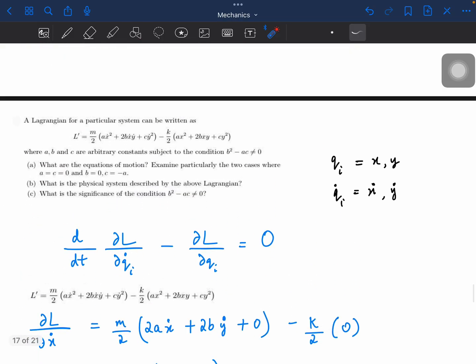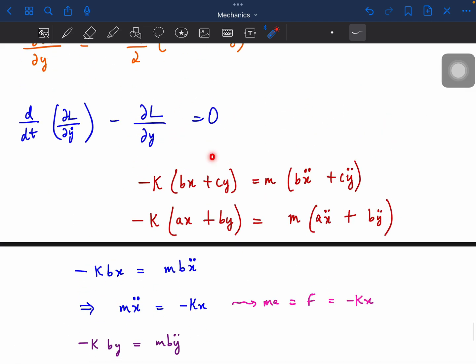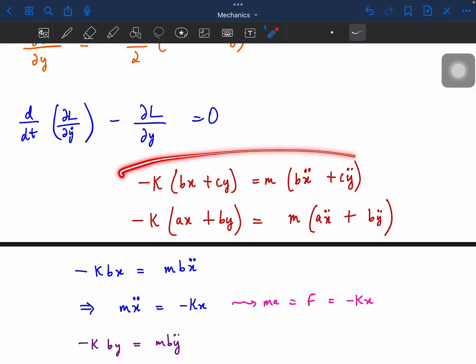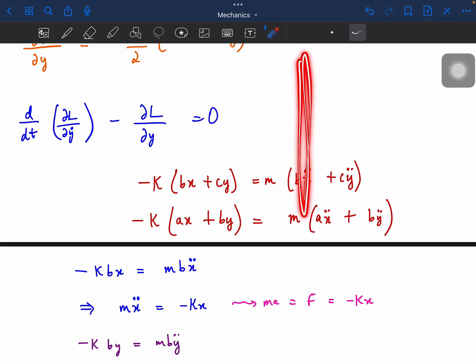By the way, this thing represents a simple harmonic motion or harmonic oscillatory equation, and this thing also represents a harmonic oscillatory equation. So this Lagrangian is actually the combination of two harmonic oscillators. It might be like one harmonic oscillatory equation in this direction and one more in this direction. So our Lagrangian represents that in a general case.